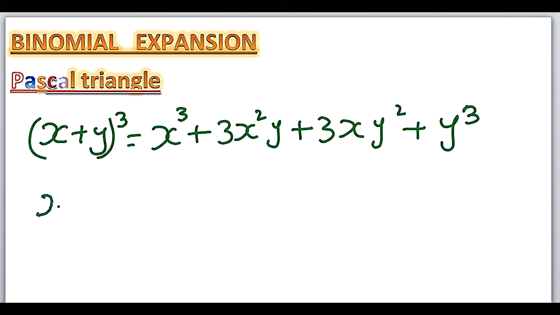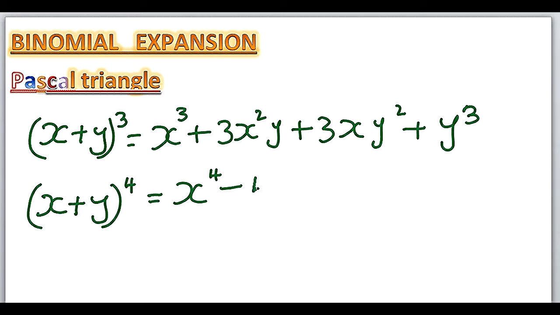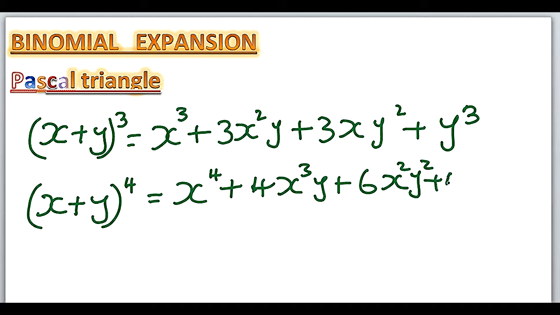Then (x + y) to power 4. We got x to power 4 plus 4x cubed y plus 6x squared y squared plus 4x y cubed plus y to power 4.